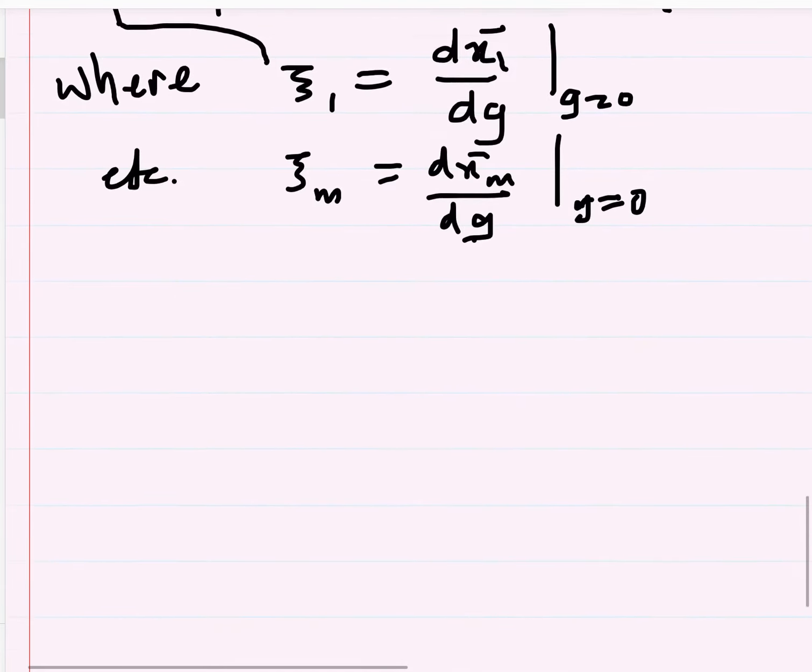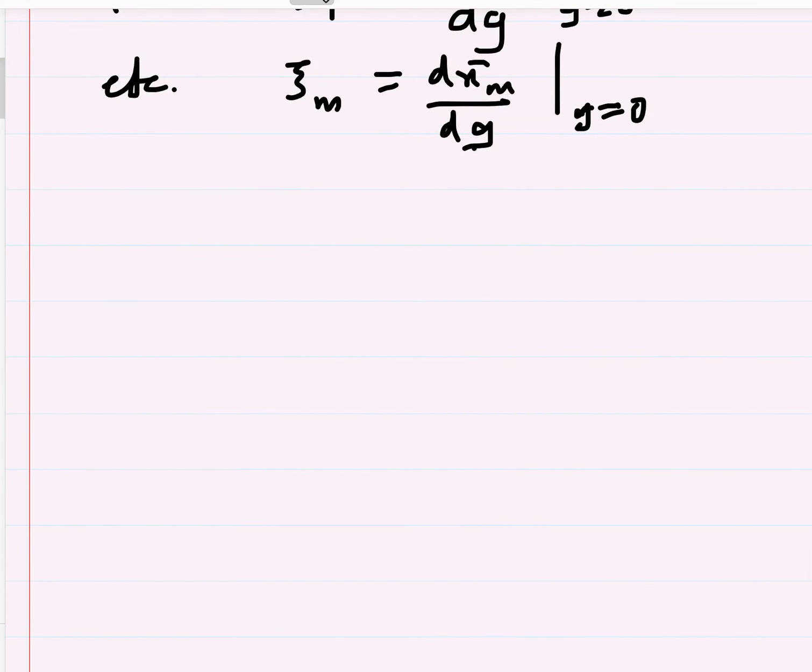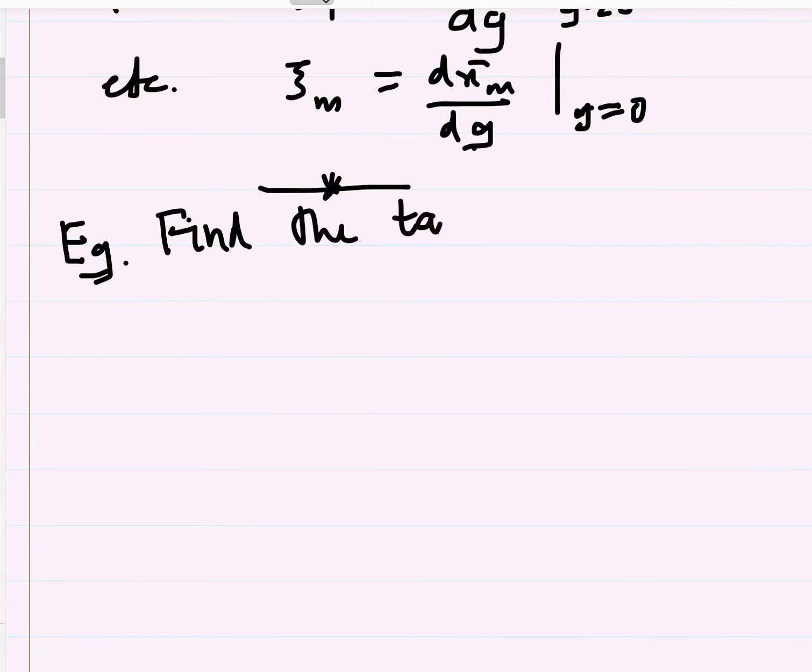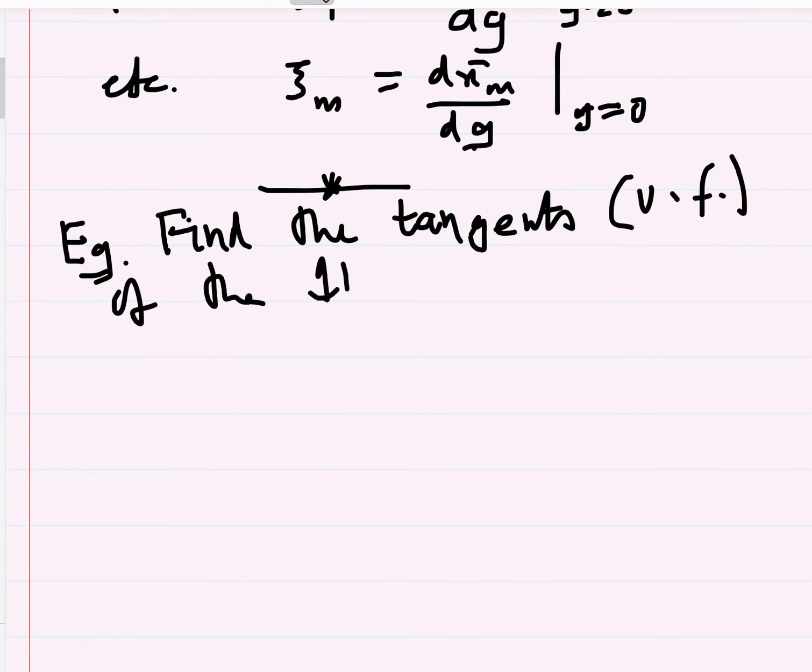I suppose I should do an example of a known one parameter Lie group of transformation. The example says find the tangents, in vector field form, of the one parameter Lie group of transformation given by, let's do an example that we've seen before.